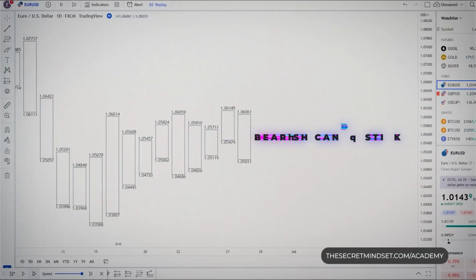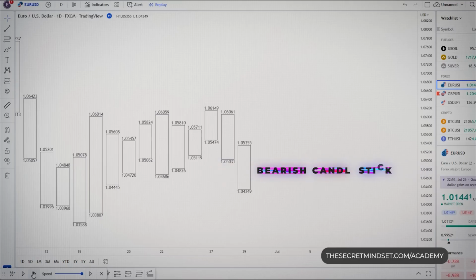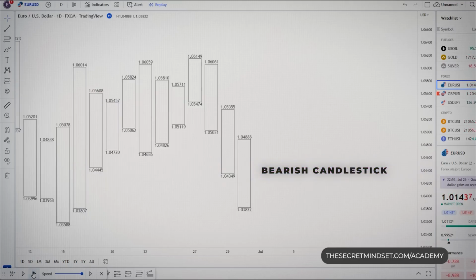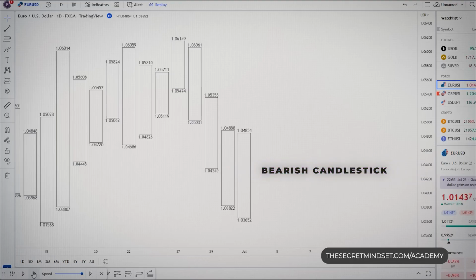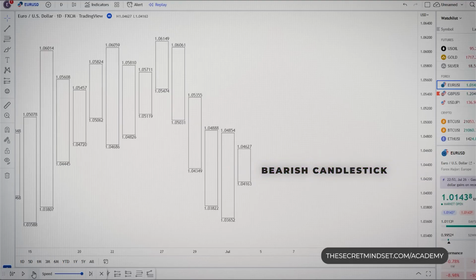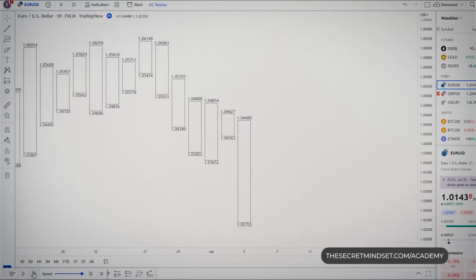We have both highs and lows that are lower than the previous bar. So this is a bearish candlestick, another bearish candlestick, and another one. And here's the first inside bar with a lower high and a higher low compared to the previous bearish candle.